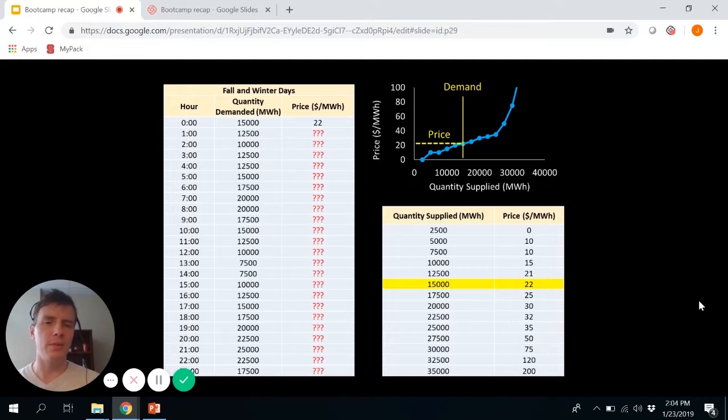Now, it just so happens that if we look at our system supply curve, the price associated with a demand of 15,000 is $22 per megawatt hour. What that means is that the yellow dotted line indicates a price of $22 per megawatt hour. In other words, the intersection between our yellow demand curve and our blue system supply curve occurs exactly at the place on the y-axis that's associated with $22 per megawatt hour.